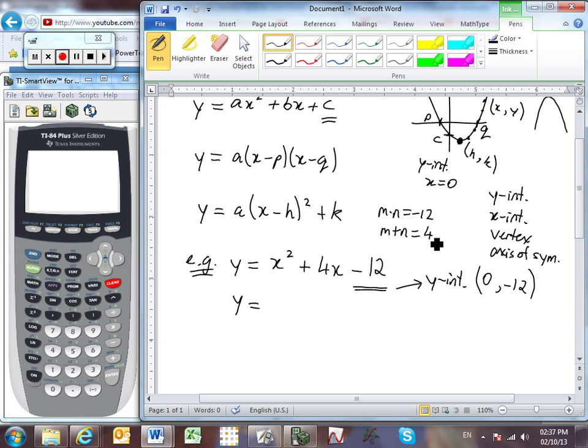With a little bit of thought, we realize that those 2 numbers are negative 2 and positive 6, because the positive is dominant by 4, so 6 over 2. And so the factors are x minus 2, x plus 6.